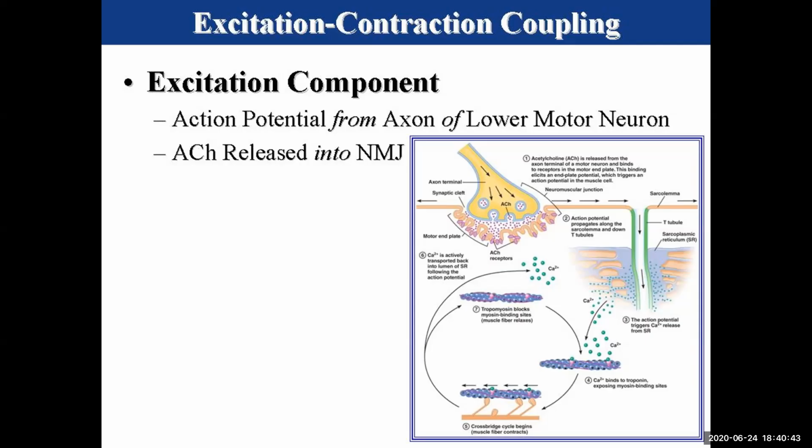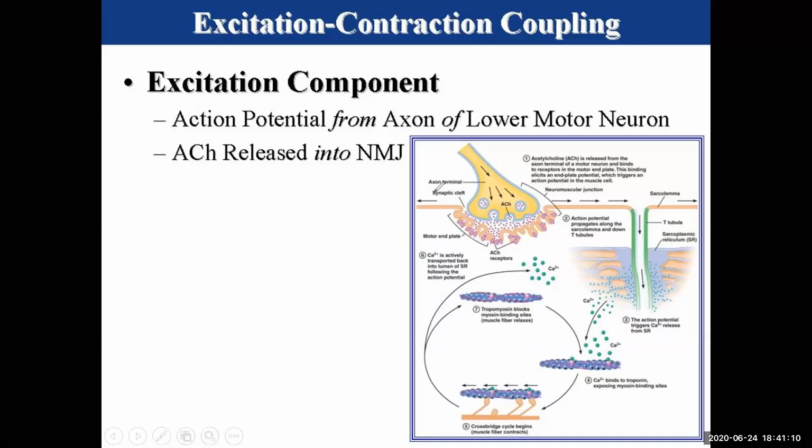Once they open, calcium gets in, and this massive calcium influx into the axon terminal will induce the vesicles containing the neurotransmitter we call ACh, acetylcholine, to be released into the neuromuscular junction, right? So I want you, one more time, do not use the words synaptic cleft. That is the neuromuscular junction.